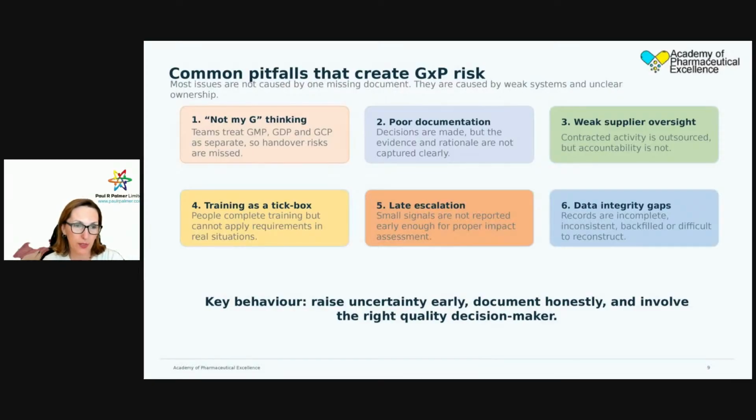The third pitfall is weak supplier oversight. As I said, many activities are now outsourced in pharma, even manufacturing, testing, storage or transport, or even monitoring of your clinical trial services. And many companies think when they outsource part of the process, they are not responsible.